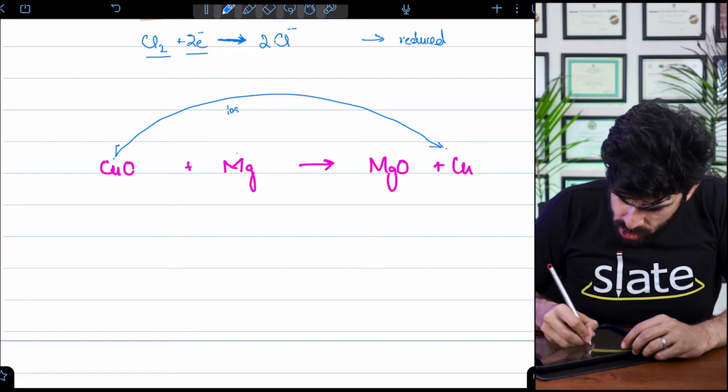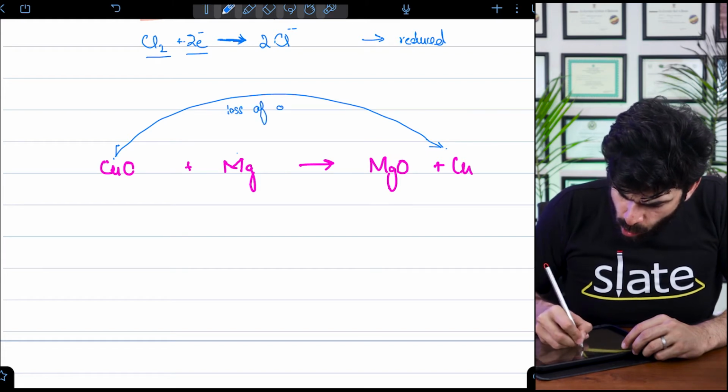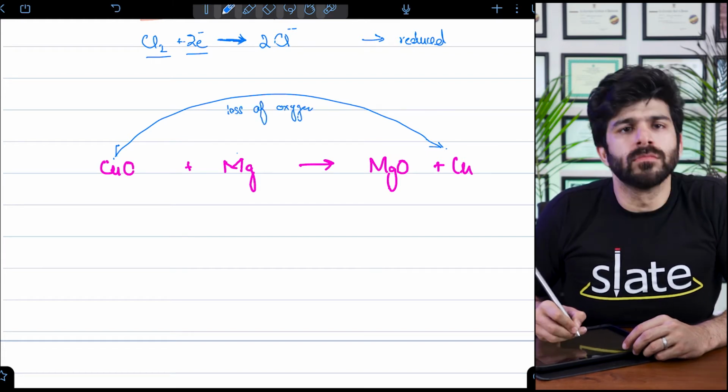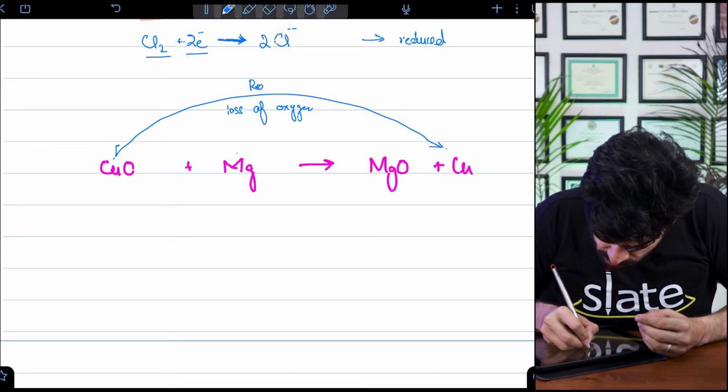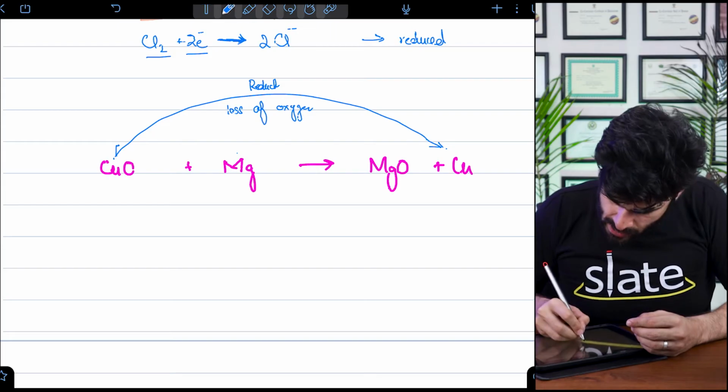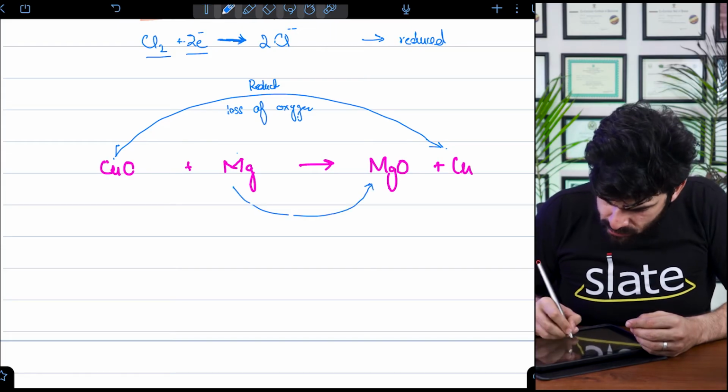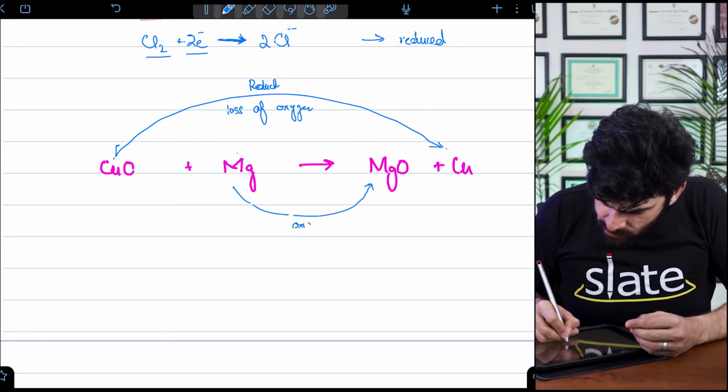So, loss of oxygen, it's reduction. Magnesium has gained oxygen. It's oxidation.